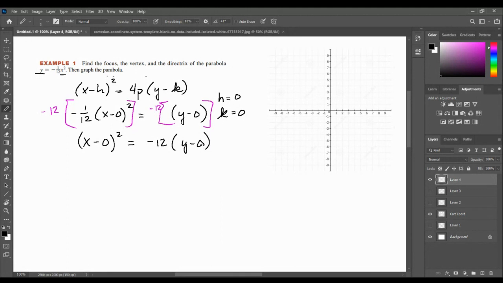So now it looks a lot more like our initial problem. And I've got this number here in the middle, this negative 12, and that has to equal the 4p. So over here on the side, I could just say, well, then negative 12 equals 4p. Divide both sides by 4, and p equals negative 3.